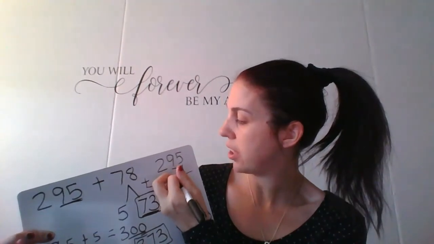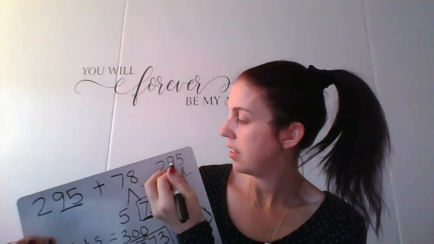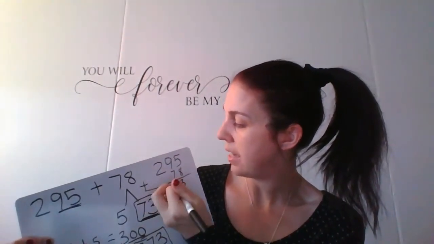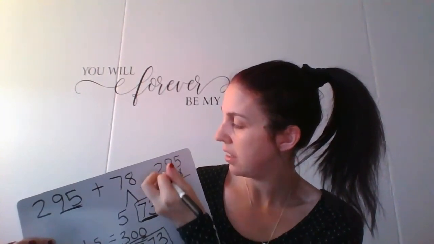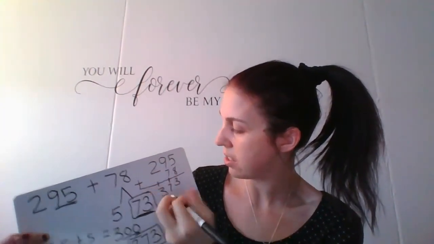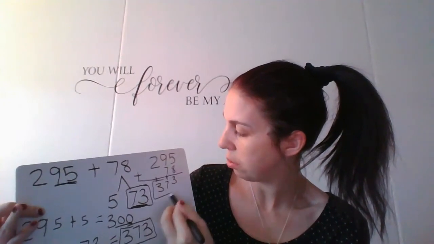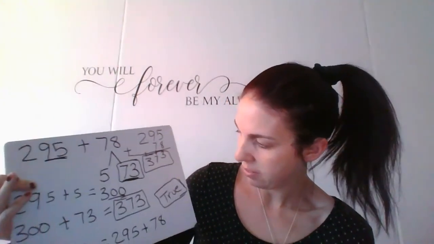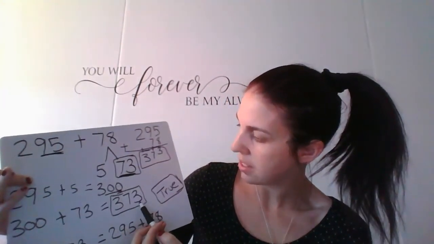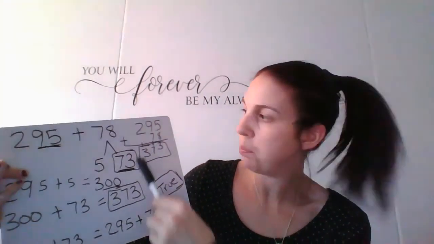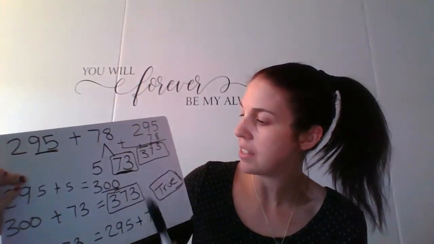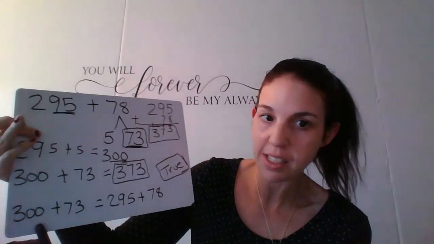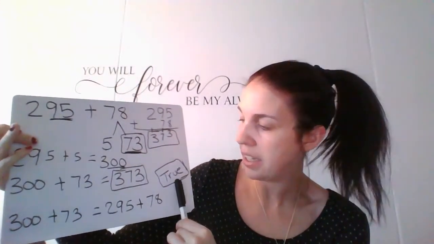Eight plus 5 is 13. 9 plus 8 is going to give us 17. 2 and 1 is going to give us 3. So our answer 373. So both equations give us the same answer, which is why this equation here is true.